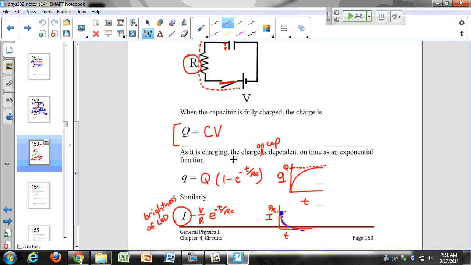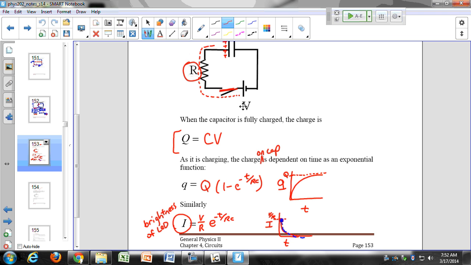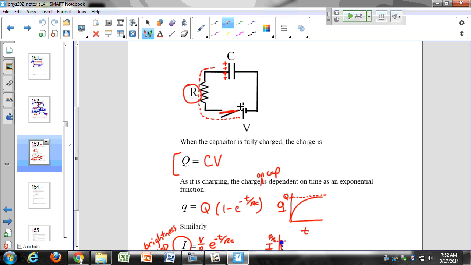We talked about capacitors and how they charge and discharge last time. Remember, when you're charging a capacitor, it charges as this exponential function, and so the charge gradually accumulates on the capacitor. As I turn it on, there's going to be current that flows through this resistor that is going to cause charges to accumulate on the capacitor, and that current has a certain flow rate.